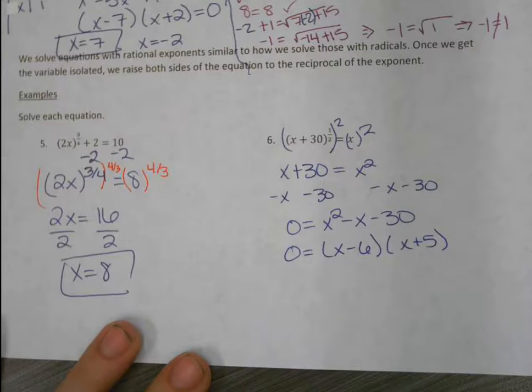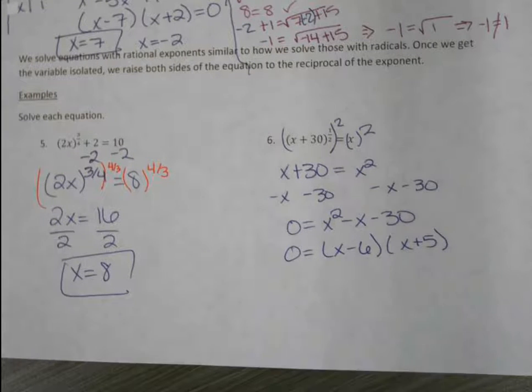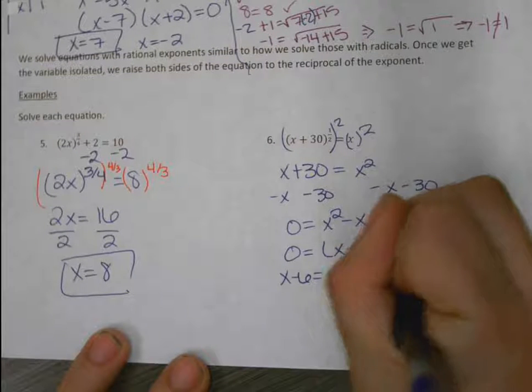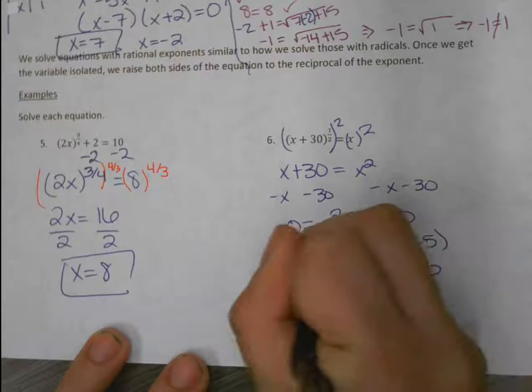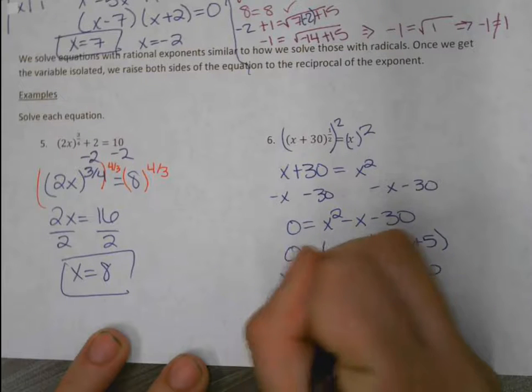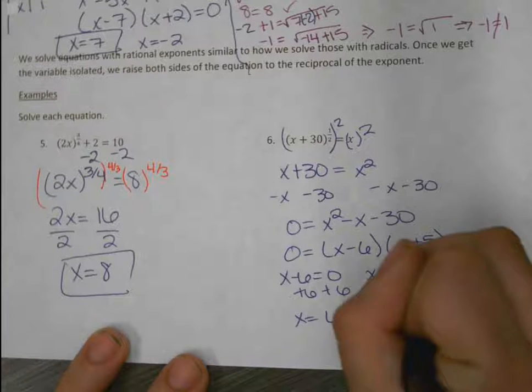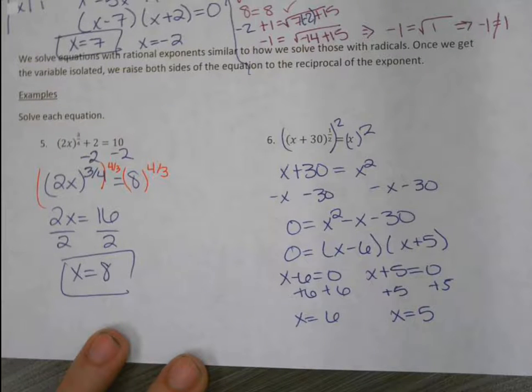No. What multiplies to -30 and adds up to -1? Okay, so then I set each of these equal to 0. Wait. One of those should have been negative.